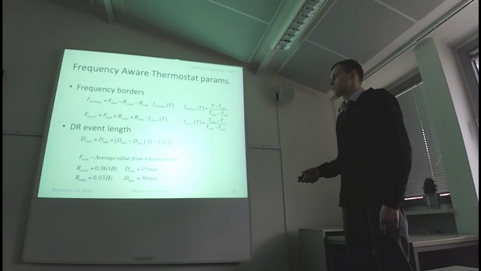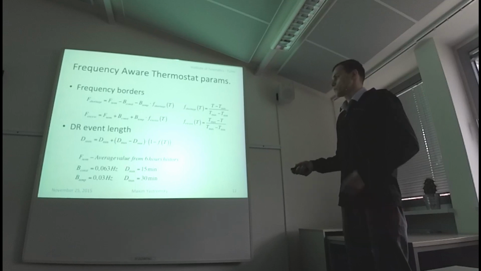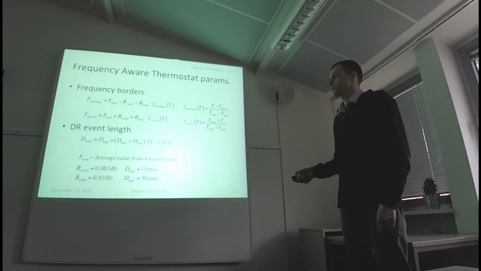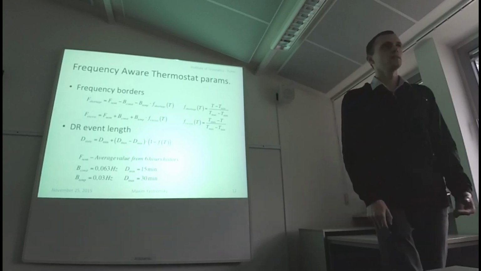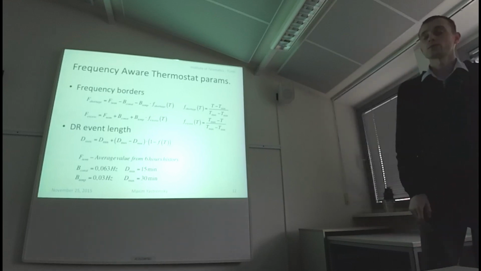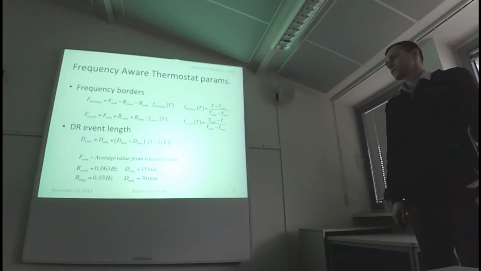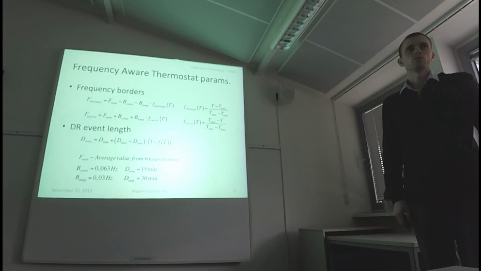These constants, which are used for calculating the frequency borders, were found by experiments and chosen this way so that they provide not more than 4 or 5 demand response events during the day. This amount was chosen just to make the analysis easy.